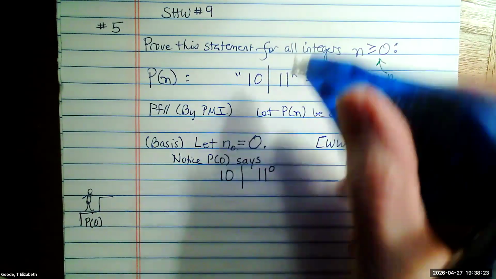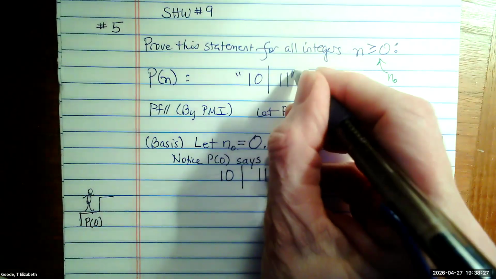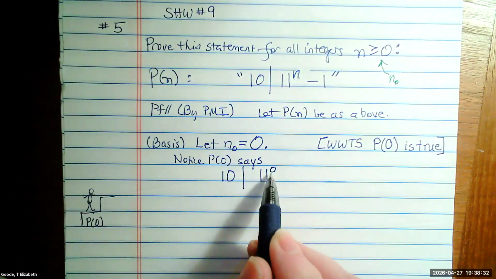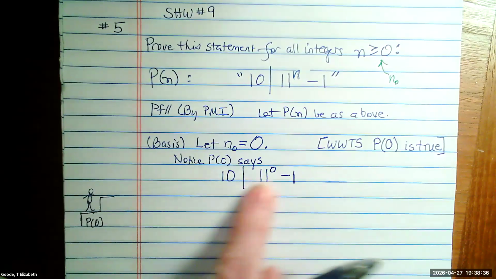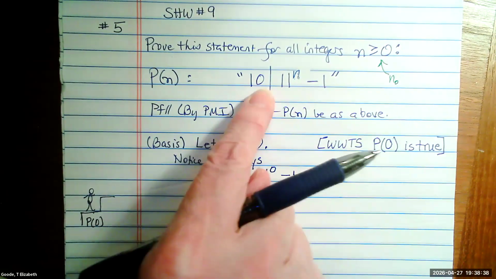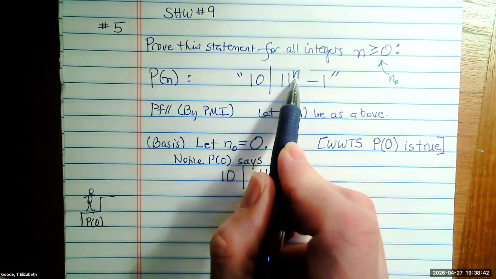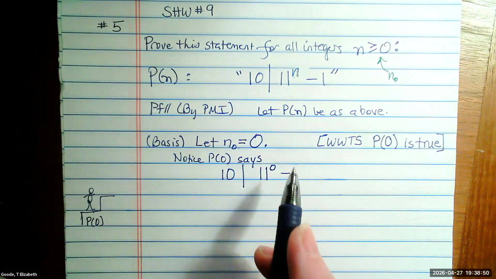Oh, this isn't right. This should be an N. We just put a zero in for N. 10 divides 11 to the zero minus 1. Do you see how this is P of zero? If this is P of N, P of zero means we just put a zero in where there's an N. Are you with me? So that's what we have to prove.